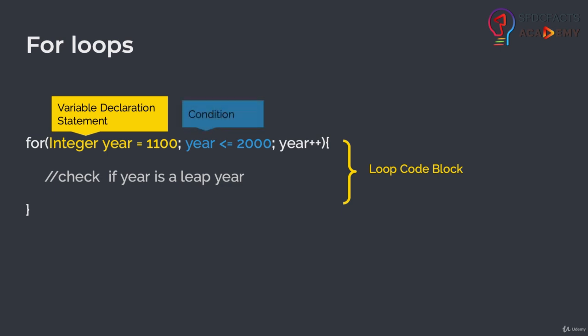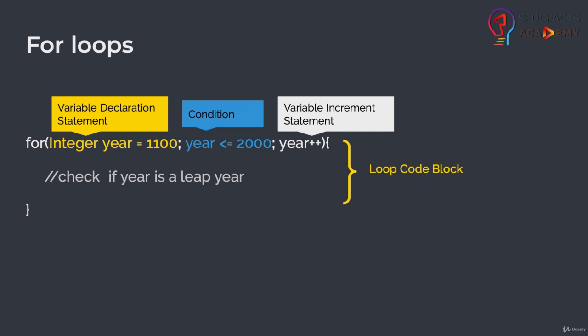We also have our condition within the for loop declaration statement, and we also have our variable increment statement within the for loop declaration statement. So all these three essential statements for any loop are part of the declaration statement itself in a for loop.